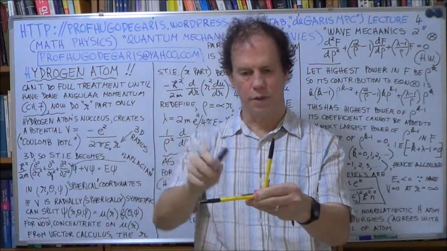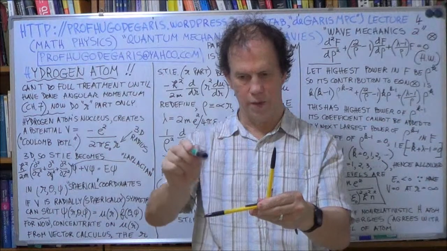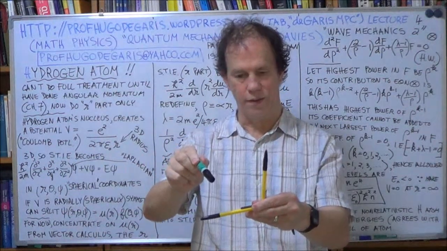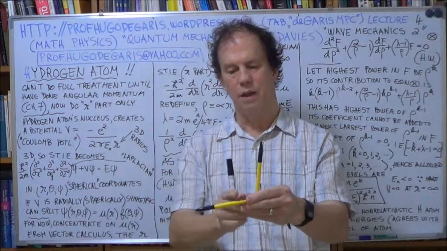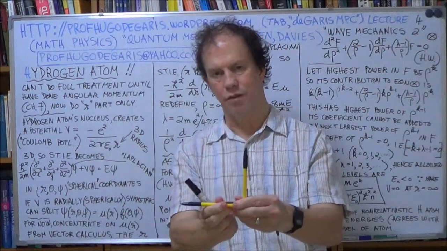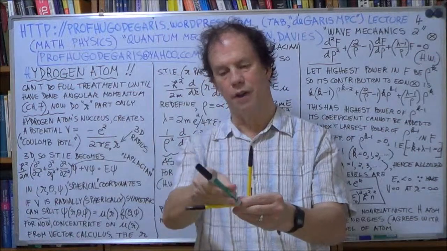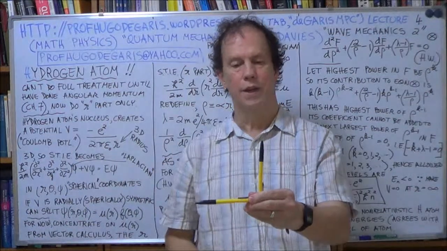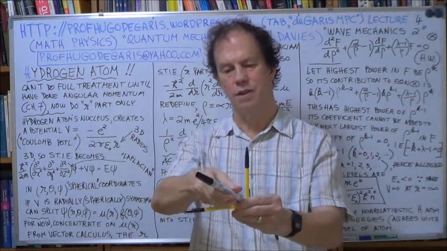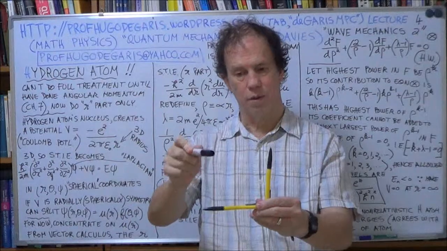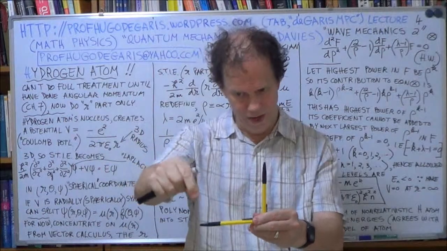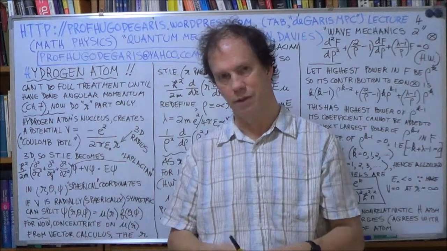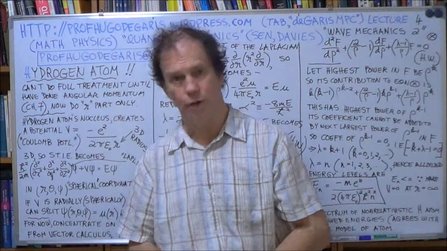In spherical coordinates, you draw a line between that point and the origin, and that distance is called r. That's the radius. Then you can use 2 angles, theta and phi, to specify the orientation of this radius going out to that point. So if you know those 2 angles and the distance r, with those 3 coordinates r, theta and phi, you can specify the position of that point, right?